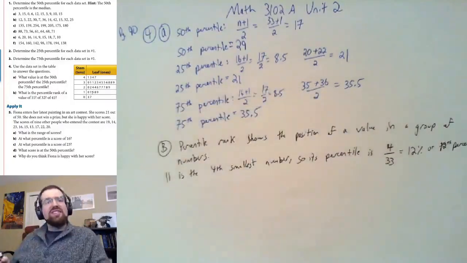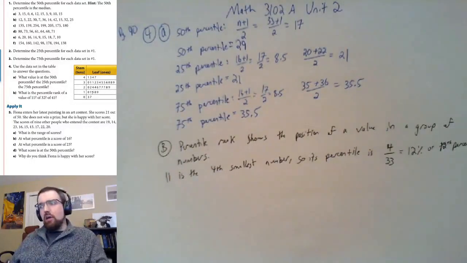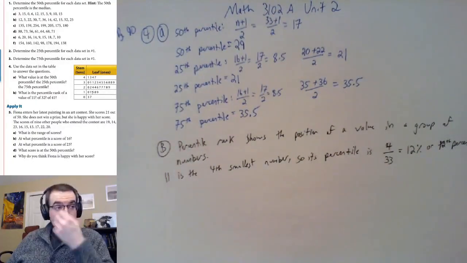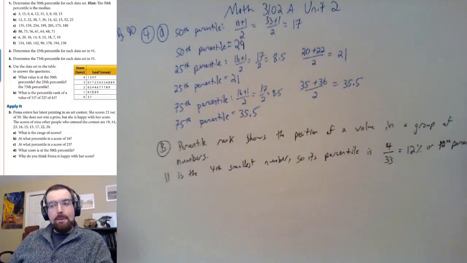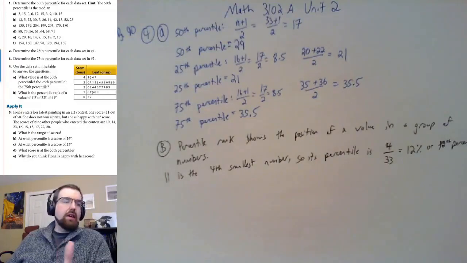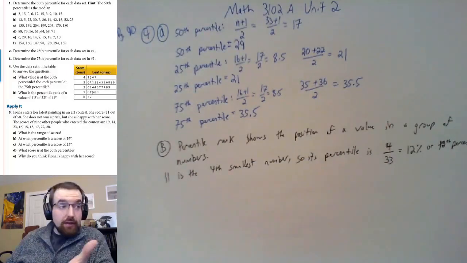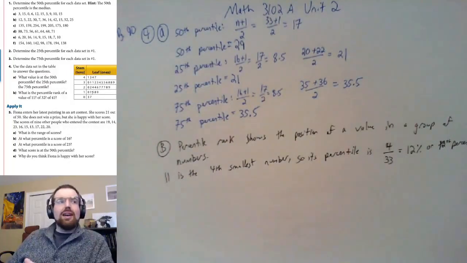Percentile is always a way of comparing numbers within sets of numbers. For example, someone might say, "I was in the 75th percentile or the 80th percentile." Say on my test, I was in the 80th percentile of students. That doesn't mean that you got an 80.